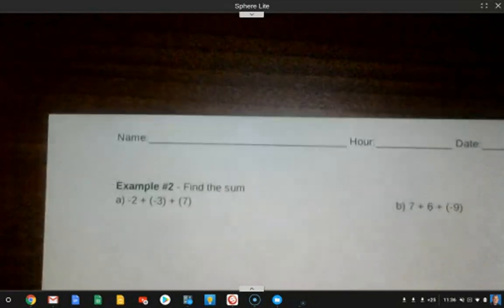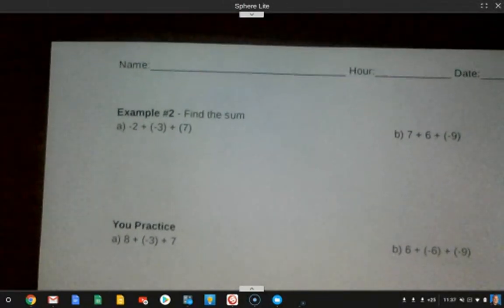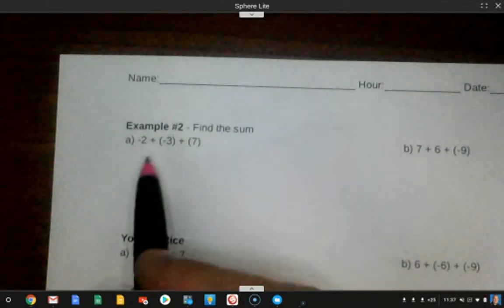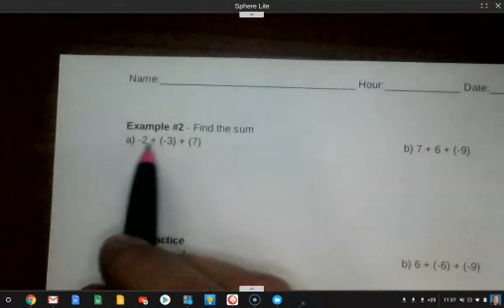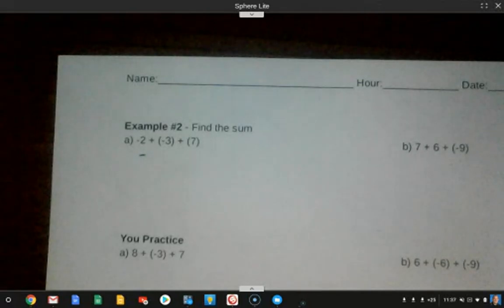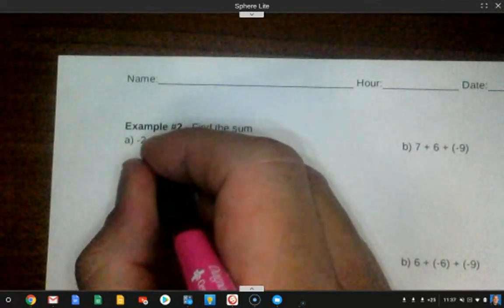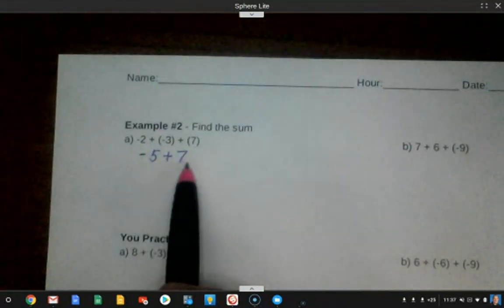All right, example 2, find the sum. If we find the sum, we're going to do it in parts. I'm going to do the first two together. The signs are the same, so I know my answer is going to be negative. 2 plus 3 is 5. Now I have negative 5 plus 7. Now the signs are different.